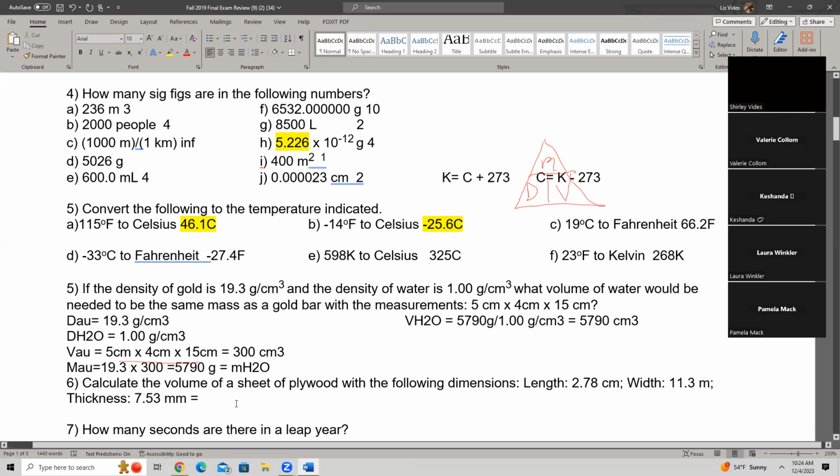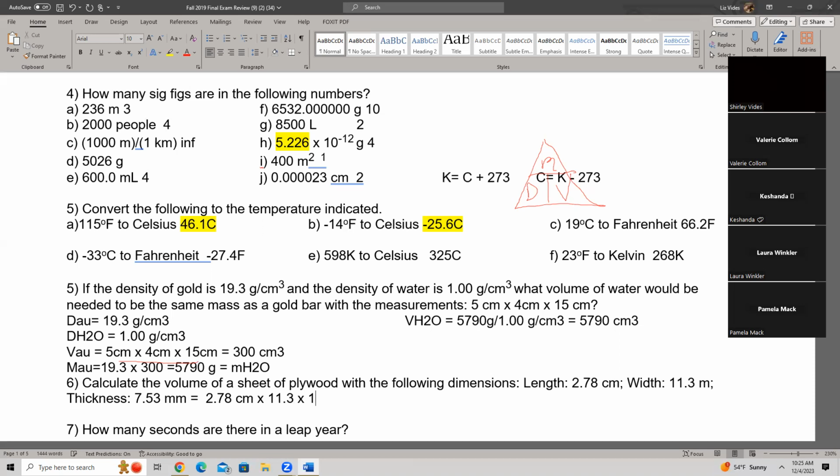So we need to change the very first one. And to do that, remember, what's going to be good about this one is you don't have to worry about changing it to the normal thing, because you're just multiplying everybody. So it's 2.78. That one's okay, right? That was already centimeters. The next one is 11.3 times 10 to the what?